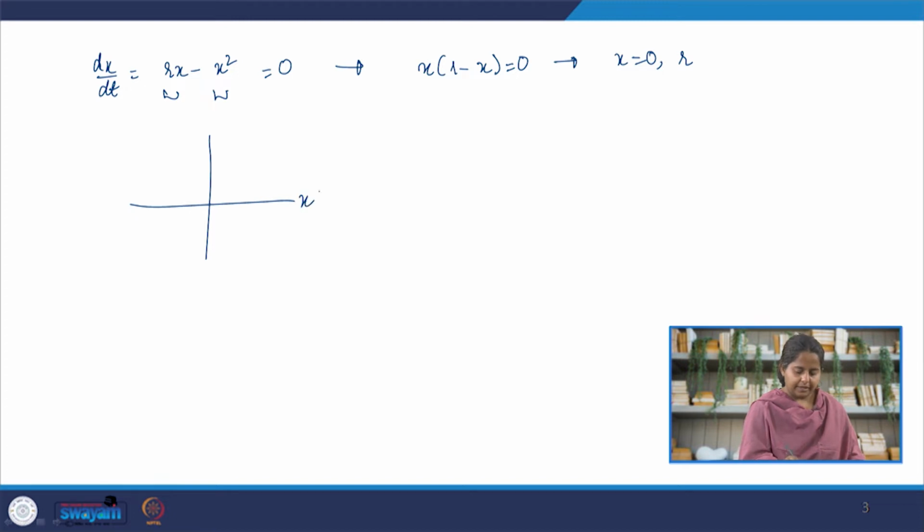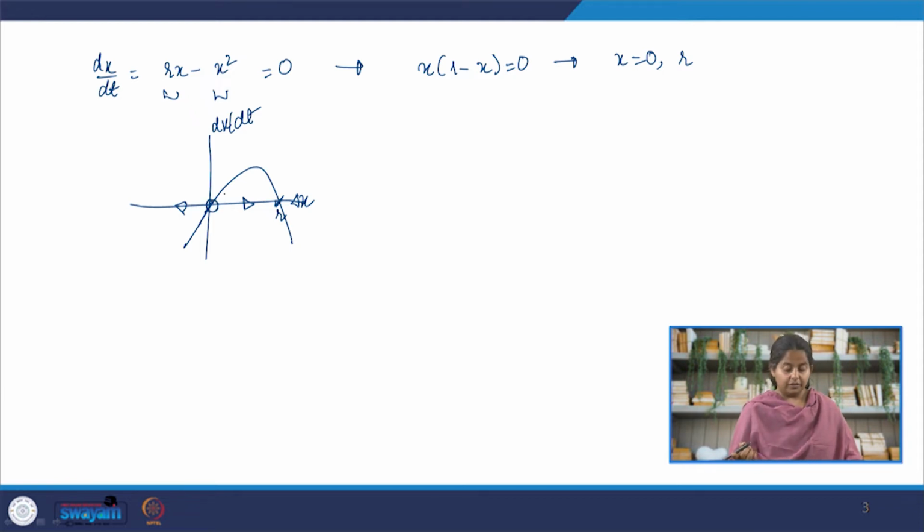Let us say x on the x axis, dx/dt on the y axis, and one fixed point is 0, another fixed point here is r, and our growth looks like this. On the left side of the first fixed point, which is 0, dx/dt is negative, here it is positive, and here again it is negative. So, we know 0 is an unstable fixed point, and here we have a stable fixed point, which is basically what the carrying capacity would be.